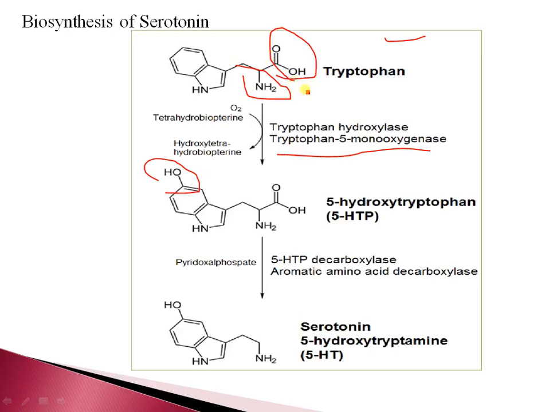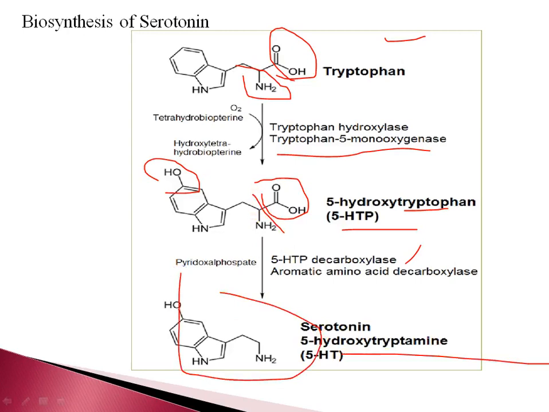This hydroxy group is substituted on the fifth position, and so it is called 5-hydroxytryptophan. Then 5-hydroxytryptophan decarboxylase acts. Decarboxylase means the carboxylic acid functional group is removed to form serotonin, which is called 5-hydroxytryptamine.